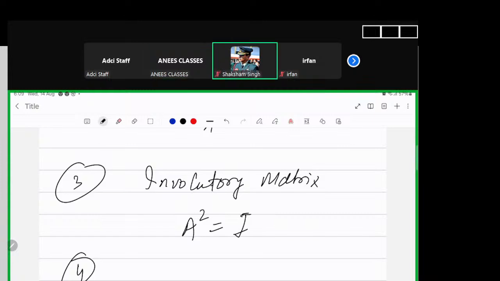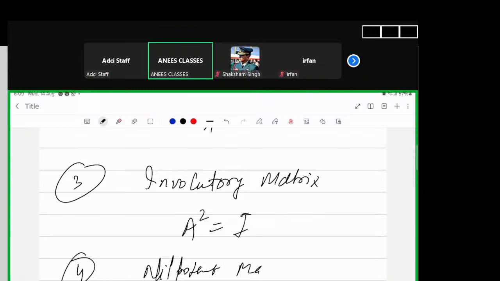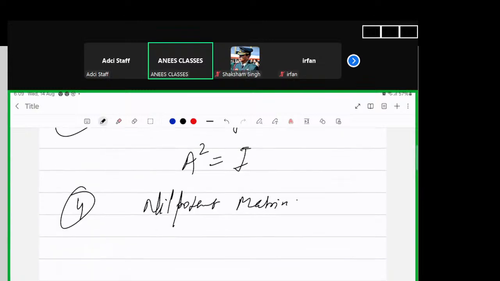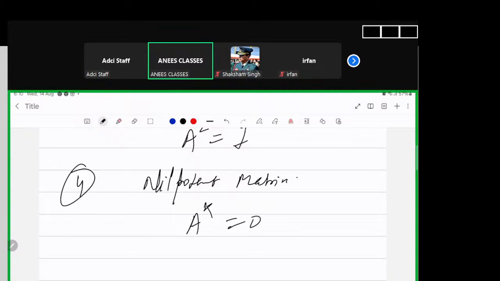Now nilpotent matrix. When A raised to K equals 0, A is called a nilpotent matrix. K is called the order or index of nilpotent.